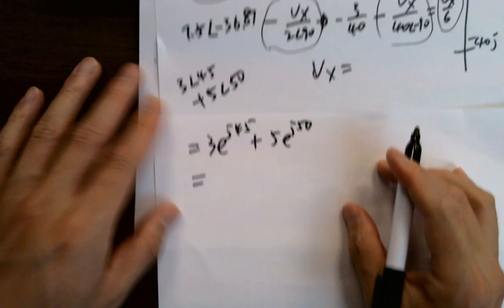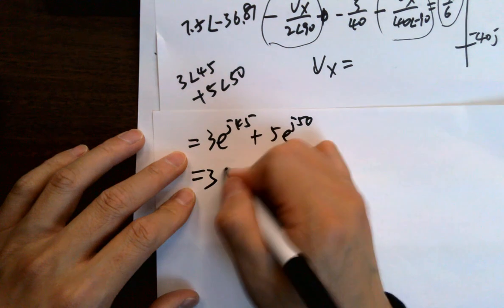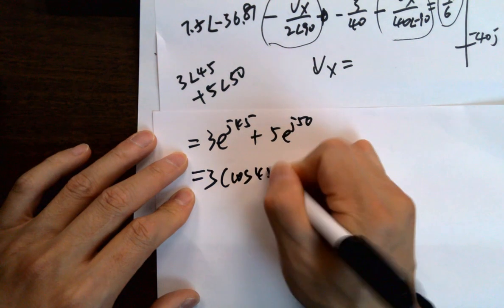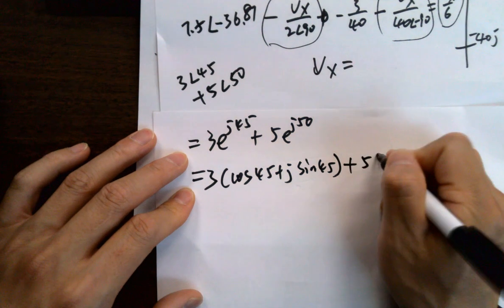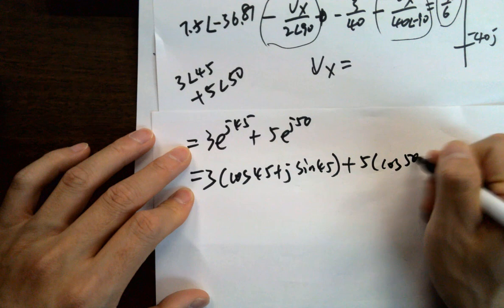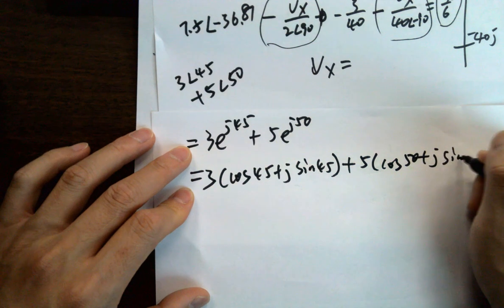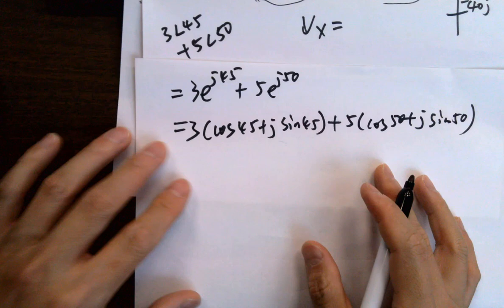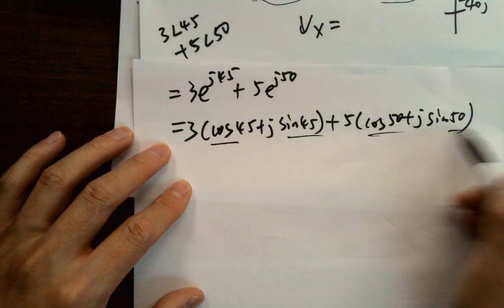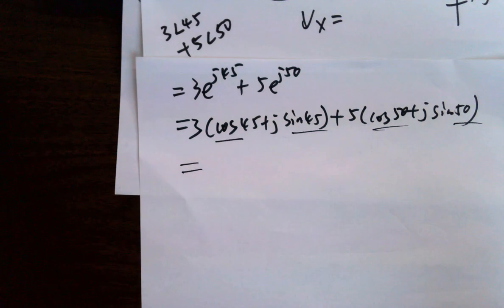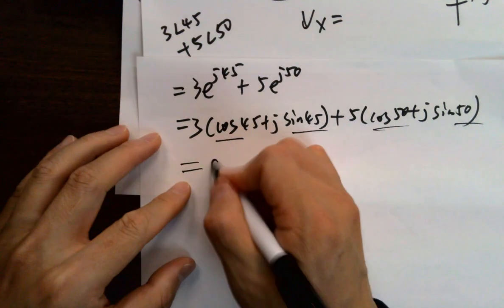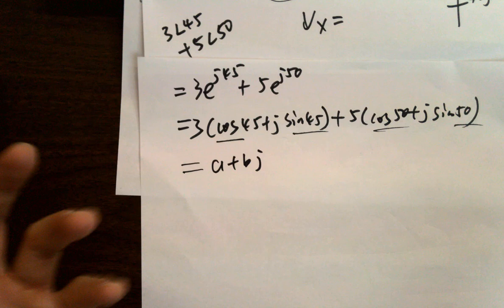And use Euler's equation. This becomes 3 cosine 45 plus j sine 45 plus 5 cosine 50 plus j sine 50. And now I can definitely calculate these ones. So eventually you convert it to the rectangular form, and you add the real parts and imaginary parts separately. You're getting a plus bj, which is still fine.